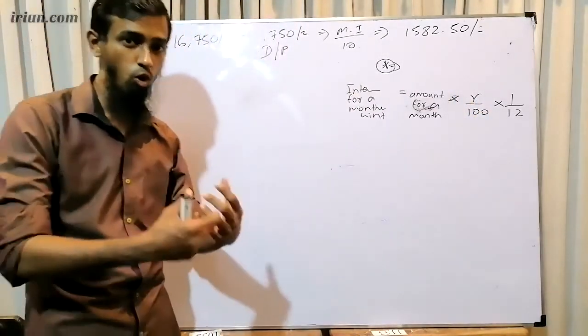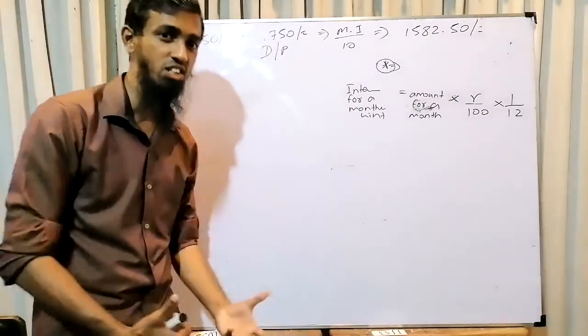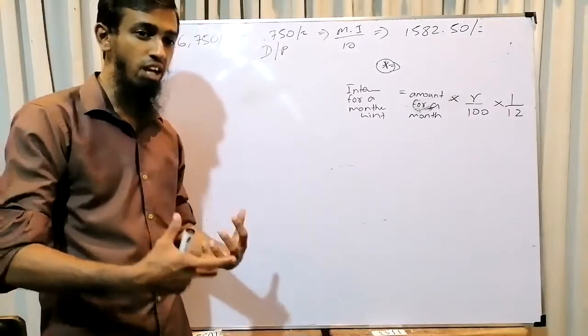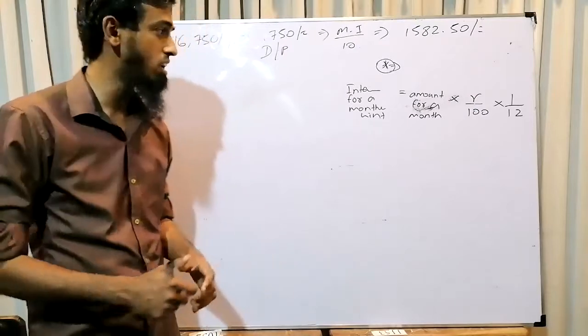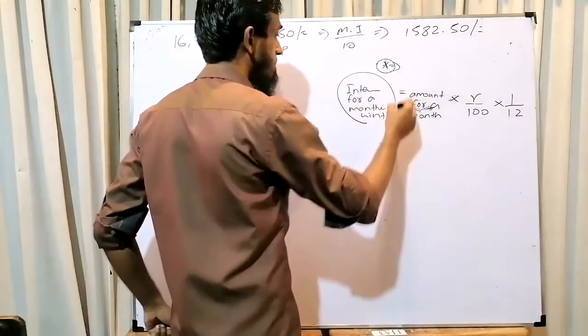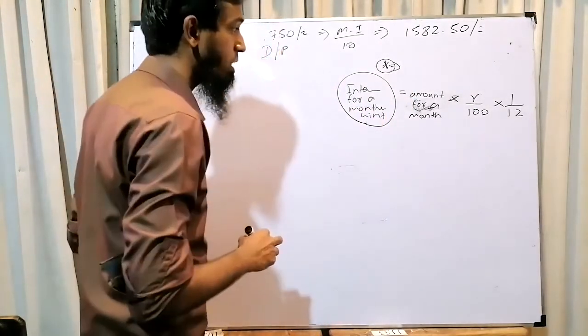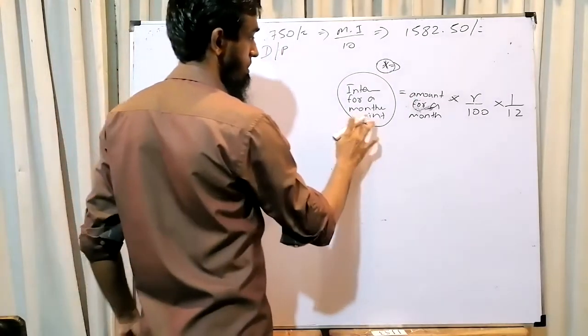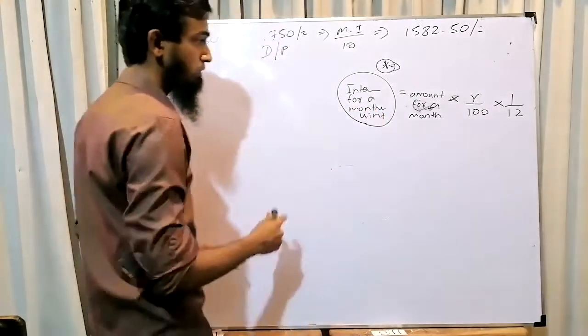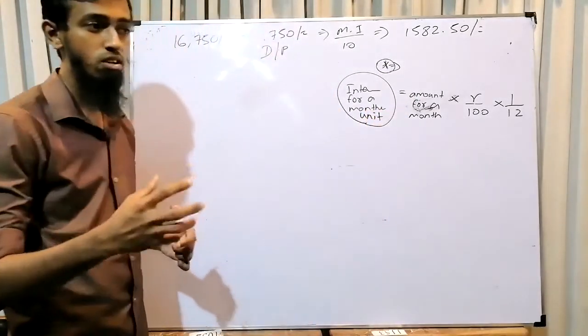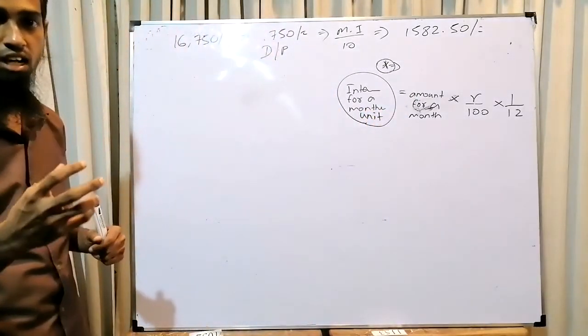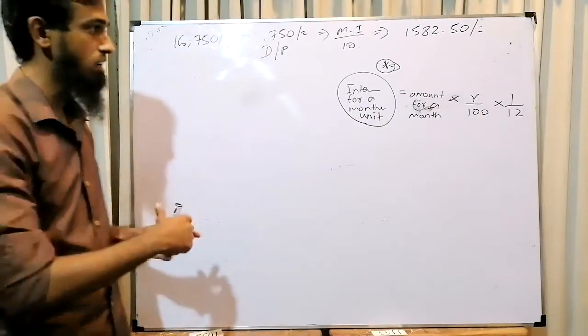So if you want to find the interest rate, what are the two main things you need to find? One of the main things is the interest for a month unit. Remember that. That is the main data you need to calculate the rate.